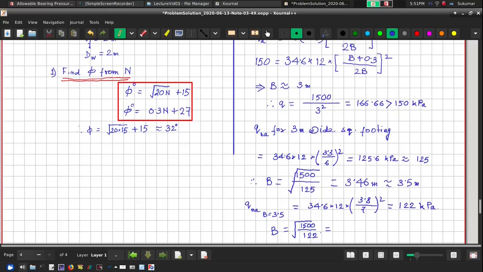And this is exactly equal to 3.51 meter, which is same as 3.5, because this is also an empirical thing, and therefore my required size of the footing is 3.5 meter. All right, based on the allowable settlement.